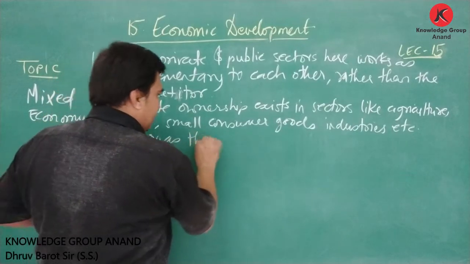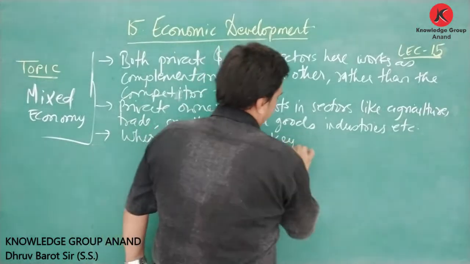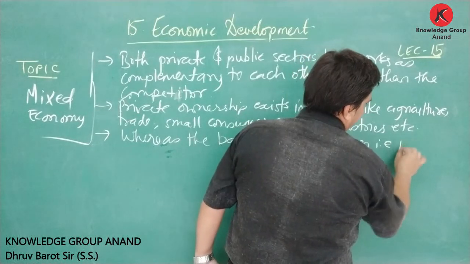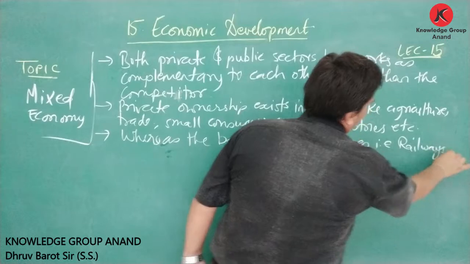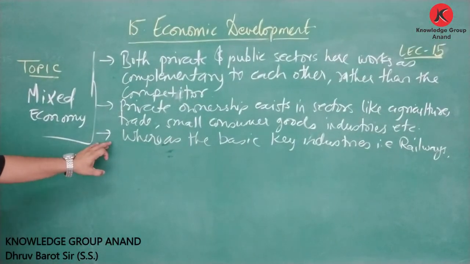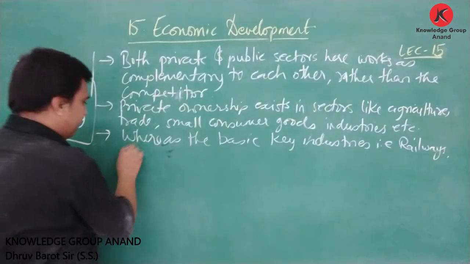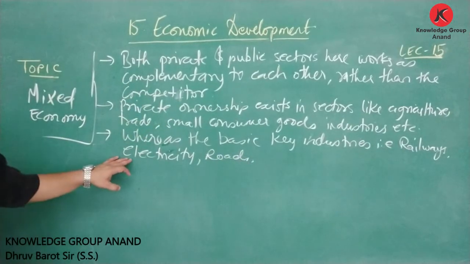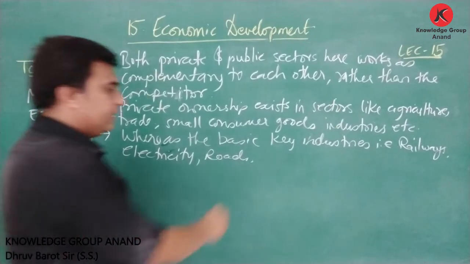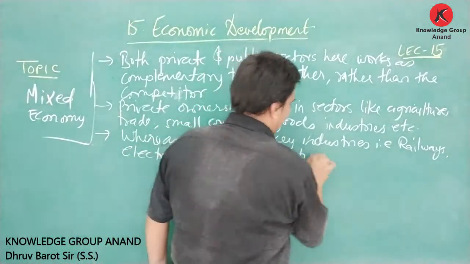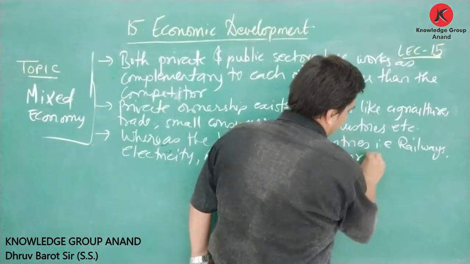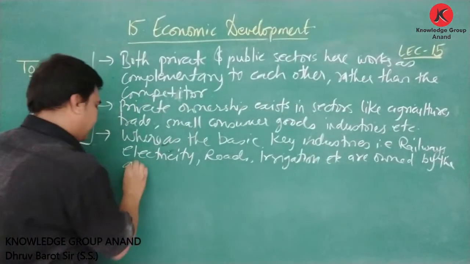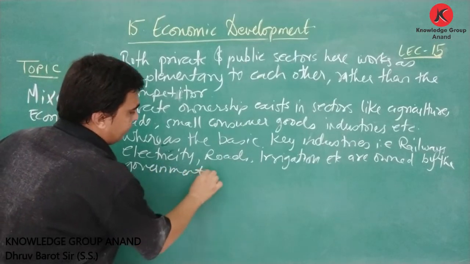Whereas the basic key industries, that is railways, electricity, roads, irrigation, etc., are owned by the government.